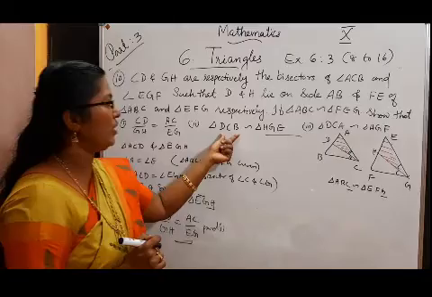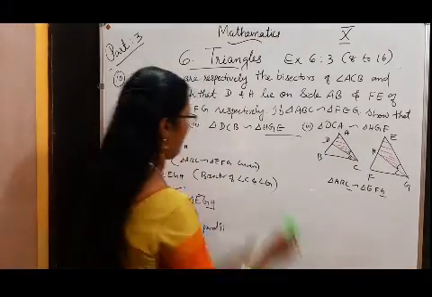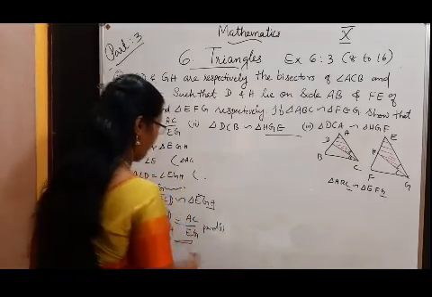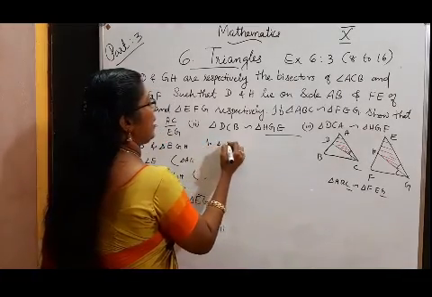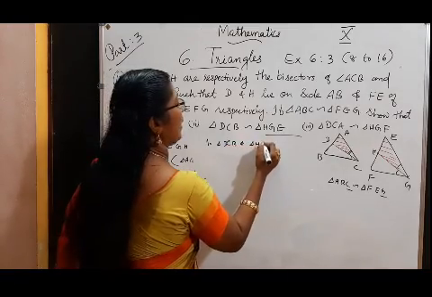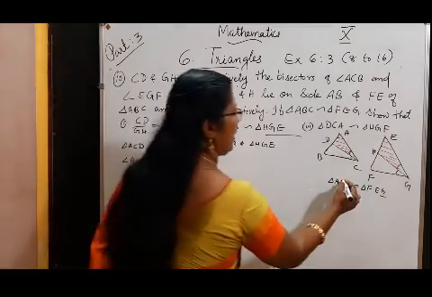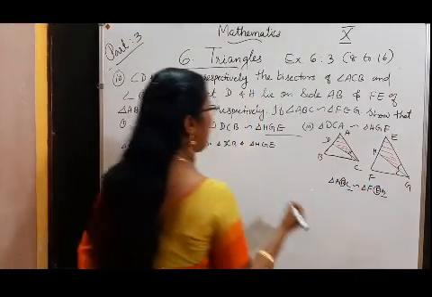Then we want to prove these two triangles are similar. The second one, in triangle DCB and triangle HGE, here B and E are equal.